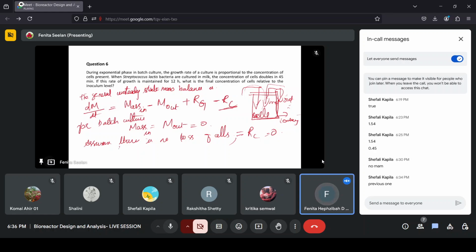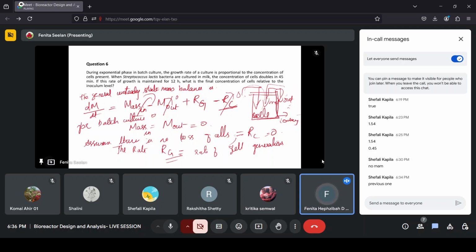You were already given the rate RG. So this will become 0, this will become 0, this will become 0. So RG is the only term left. This RG is actually the rate of generation of cells.